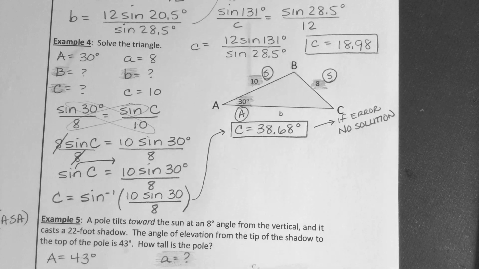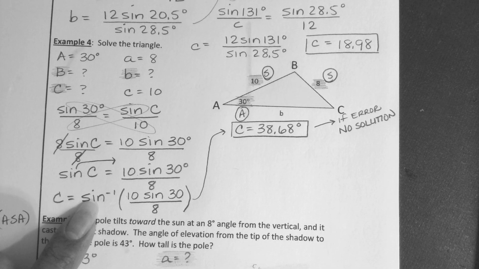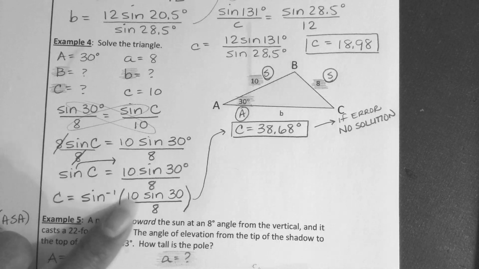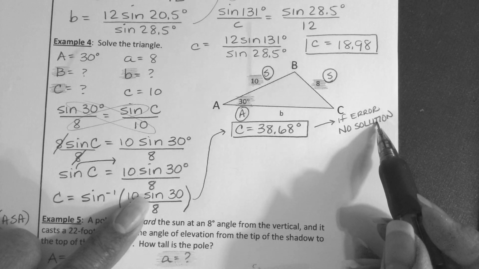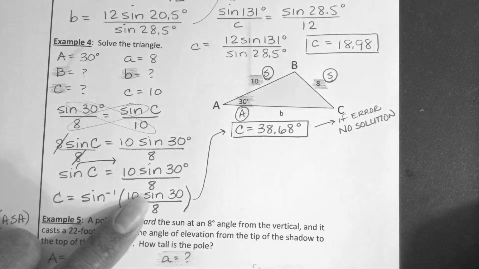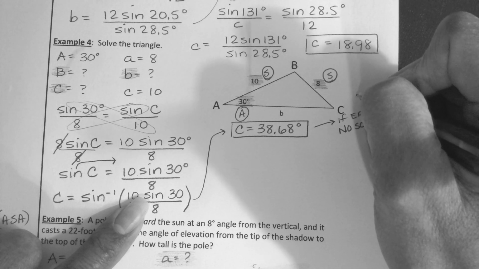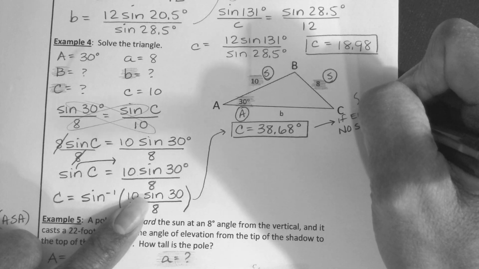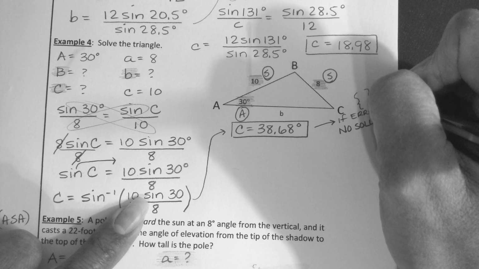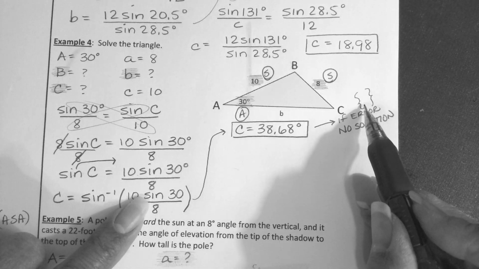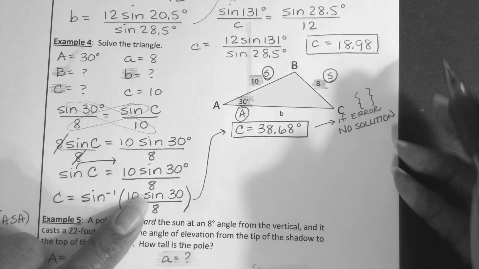So if you get an error message after taking the sine inverse of some fraction right here, it's a no solution problem. And what you're going to do is there's a minus button in Delta Math that you would have to press, but what's going to end up happening is it ends up giving you a little set notation like this. That's called a null set.